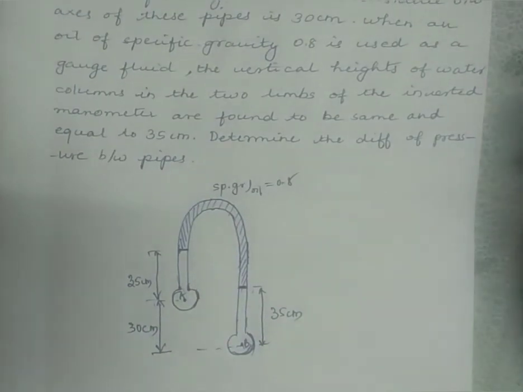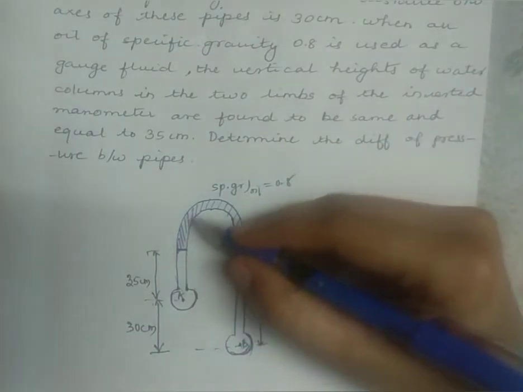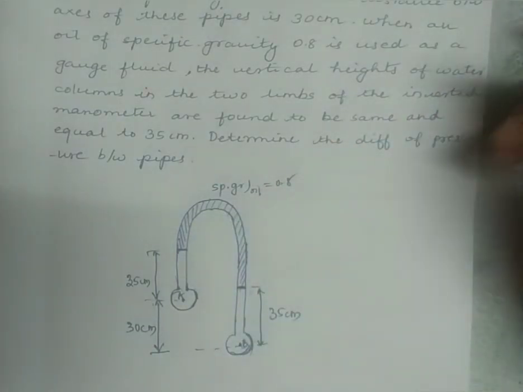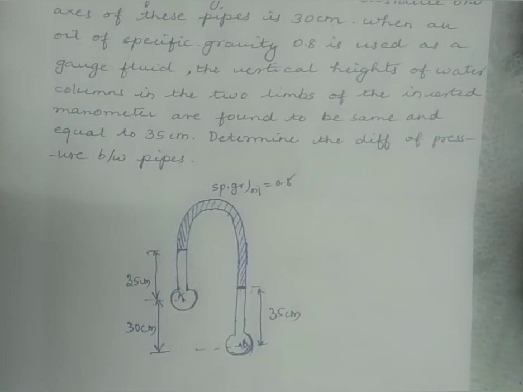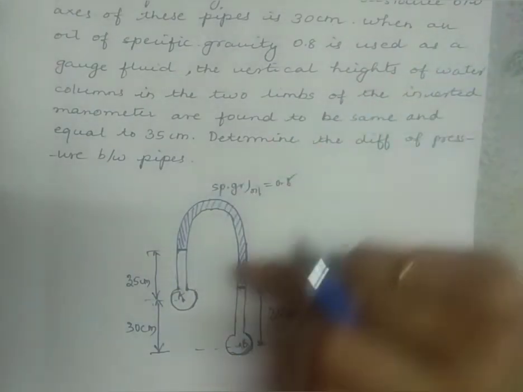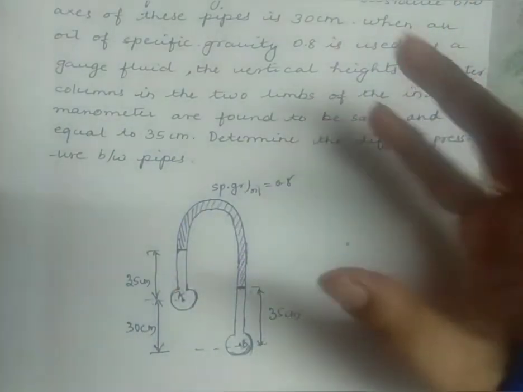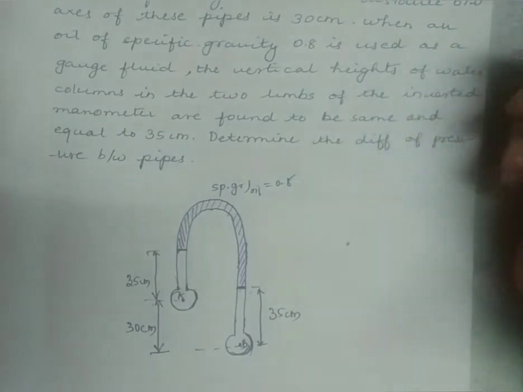Here one of my students has asked why we are using oil as the manometric fluid in the inverted U-tube manometer. See, this inverted U-tube manometer is mainly used to find very low pressure differences.